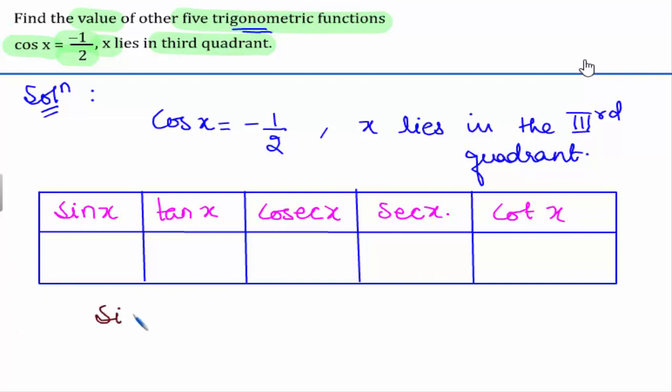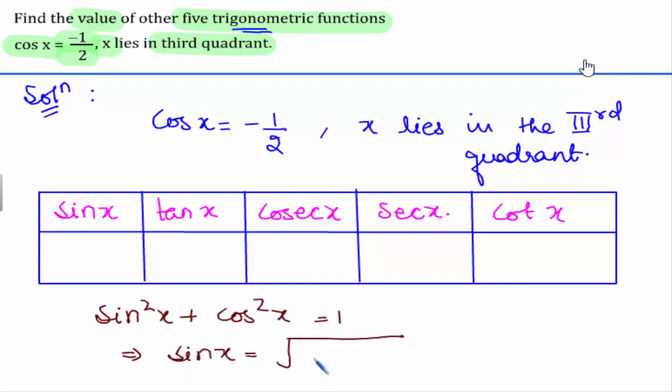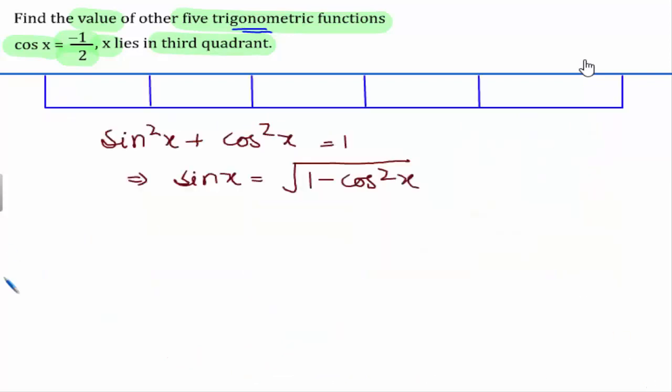Now we know that sin square x plus cos square x is equal to 1. So this implies that sin x is equal to square root of 1 minus cos square x, which is the square root of 1 minus minus 1 upon 2 whole square, and that is 1 upon 4.